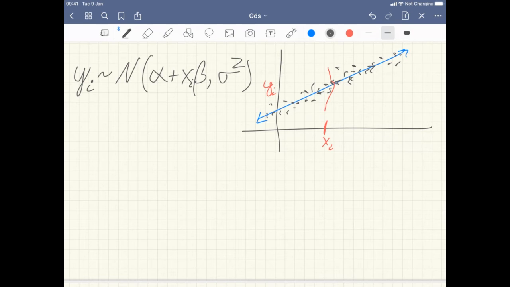And the language that you've seen in the book and the language that you'll see in the lab is that we're actually modeling this thing called the expected value of y given x.